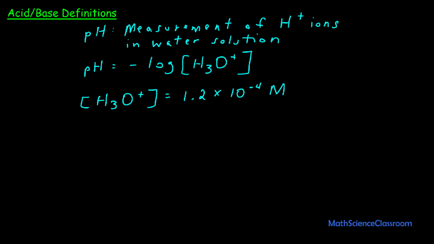So let's punch this into our calculators, and we will find the negative log of 1.2 times 10 to the negative 4.